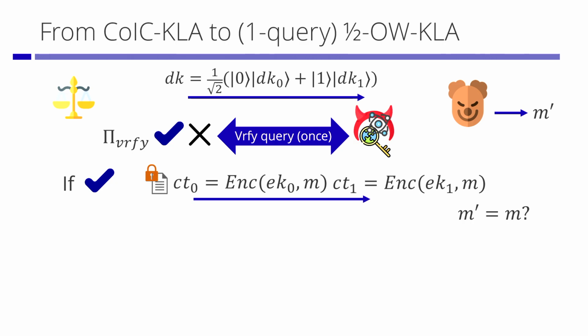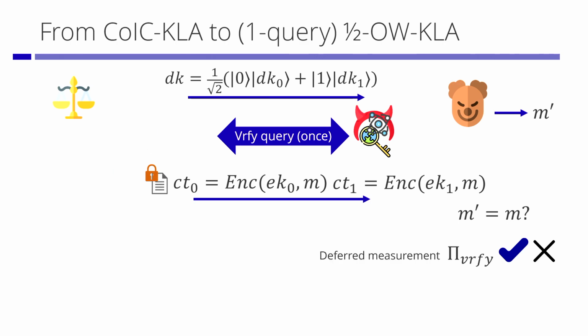And if the adversary sends a valid decryption key, then the challenger sends two ciphertexts, which are encryptions of M. First, we slightly change the security game. First, we defer the measurement of the decryption key. By using the deferred measurement principle, this does not incur any difference.